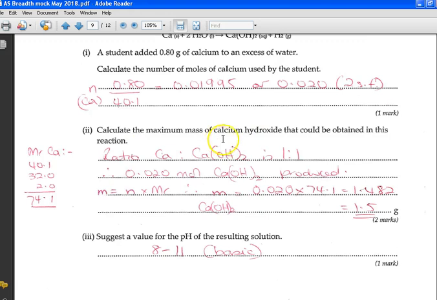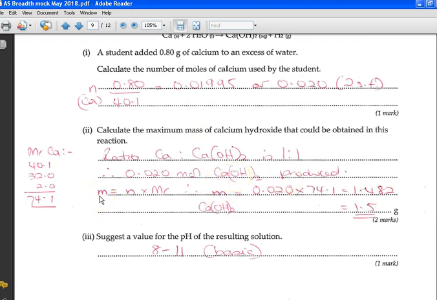So you're looking for the mass of calcium hydroxide that could be obtained. Obviously, the ratio of calcium to calcium hydroxide is 1:1. If you look at this formula, there's 1 mole of calcium for every 1 mole of calcium hydroxide. So therefore, we've worked out the moles of calcium up here, so it's a straightforward relationship.